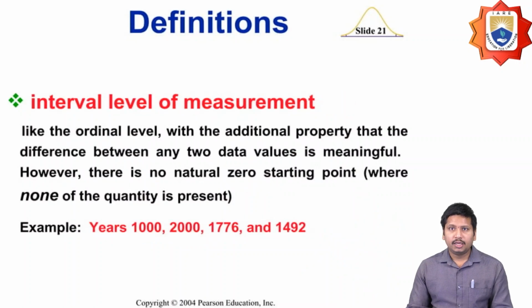The next one is the interval level of measurement. What is the interval level? It is almost similar to the ordinal level, with the additional property that the difference between any two data values is meaningful. However, there is no natural zero starting point where none of the quantity is present.